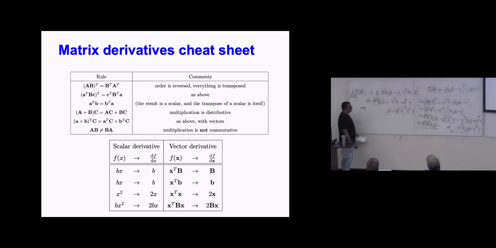The question is, why do I even bother with this? Rather, I could do something like this. Because this is equal to this, I could just cancel A transpose from both sides, right?